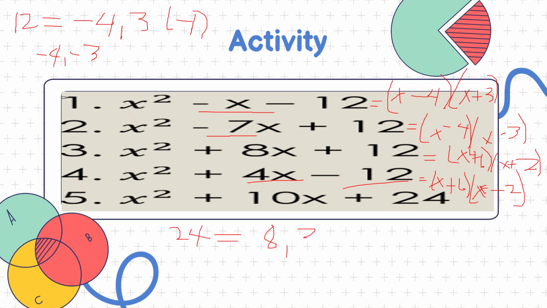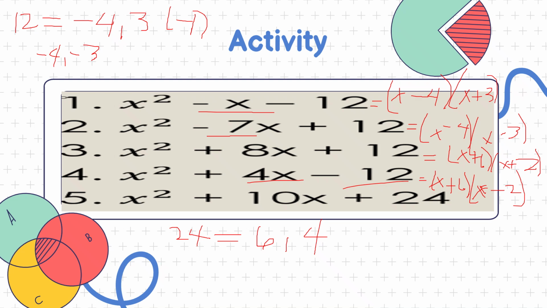Why? 8 plus 3, oh, it couldn't be because it doesn't give 10. What else? We can use 6 and 4. Why?